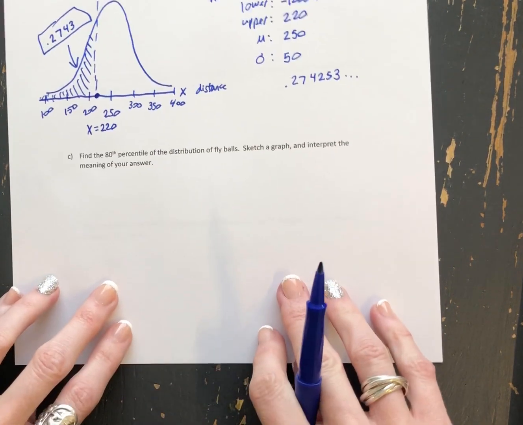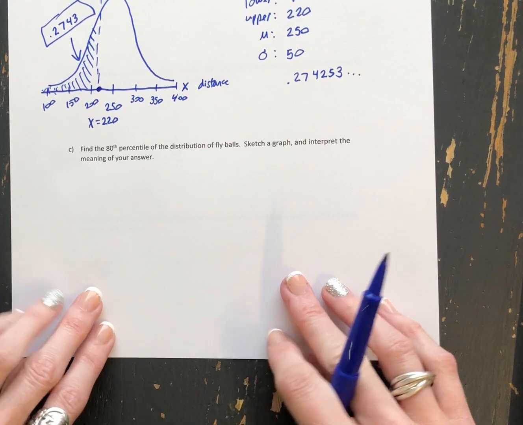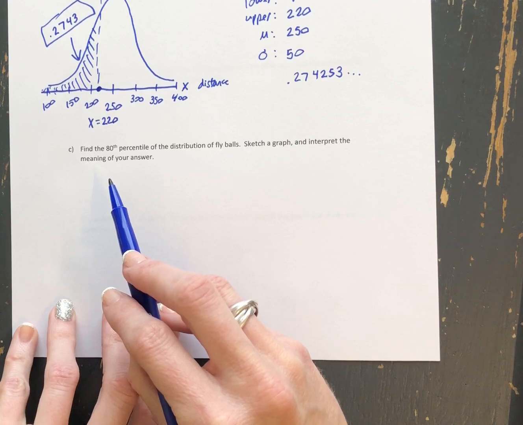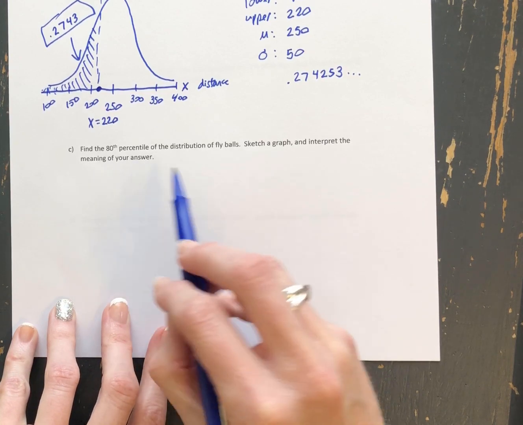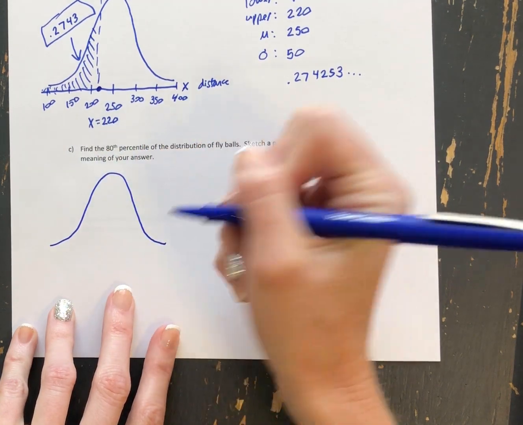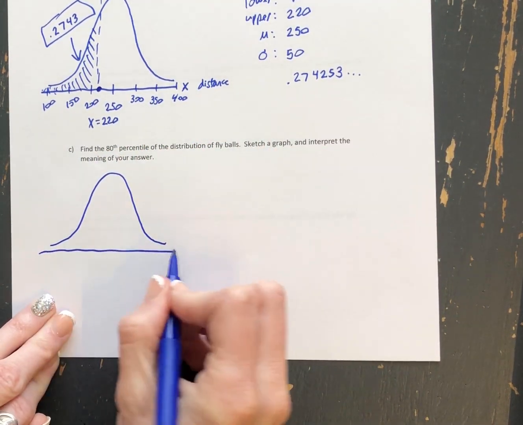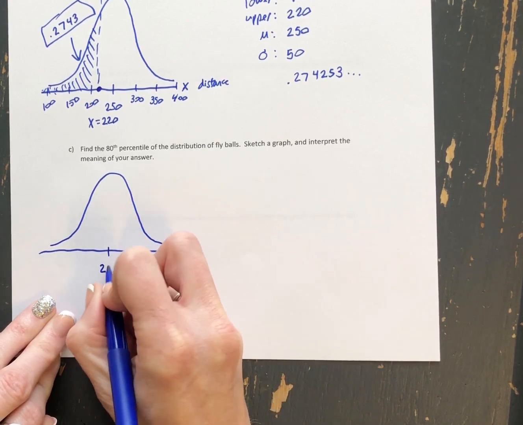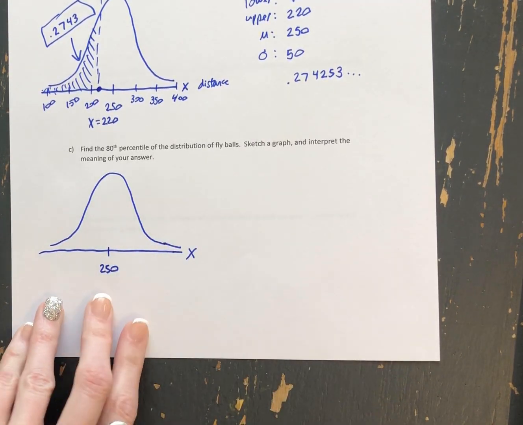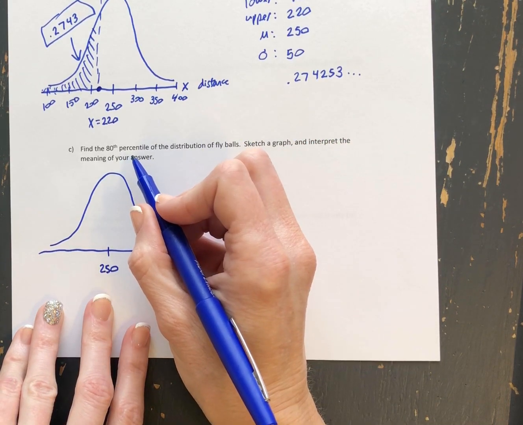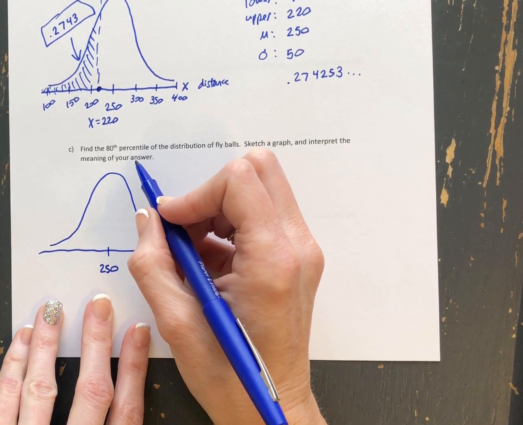Then we're going to do one more part to this example before we look at another example. This one says, find the 80th percentile of the distribution of fly balls. So what does 80th percentile mean? If you remember, the percentile represents the percentage of values that are below your value.